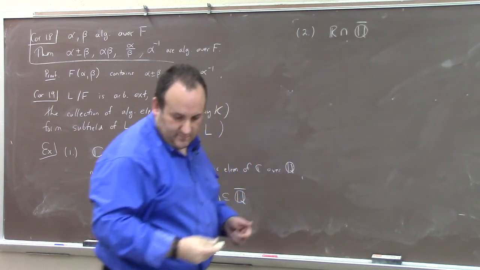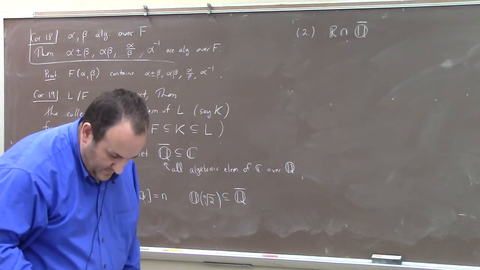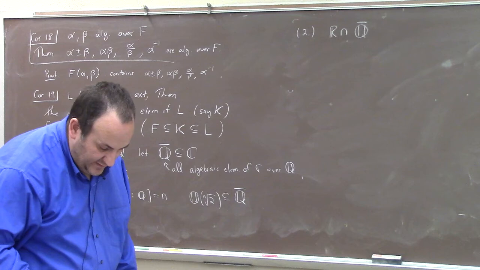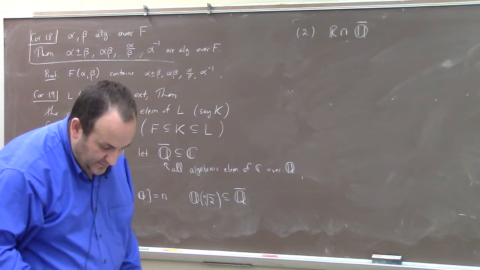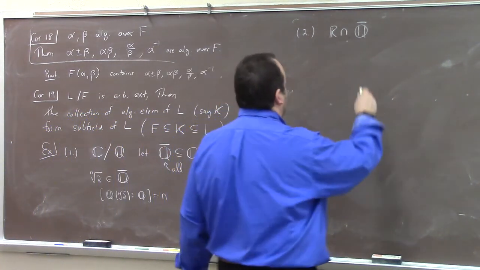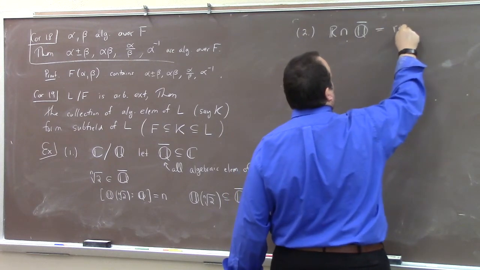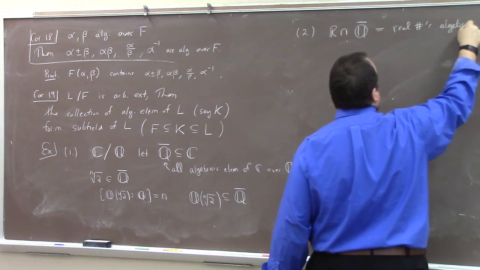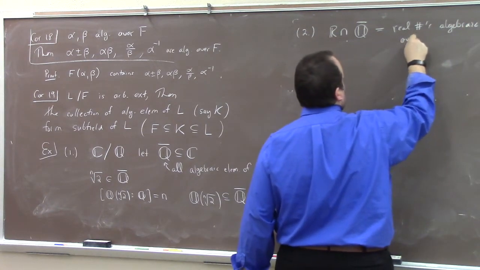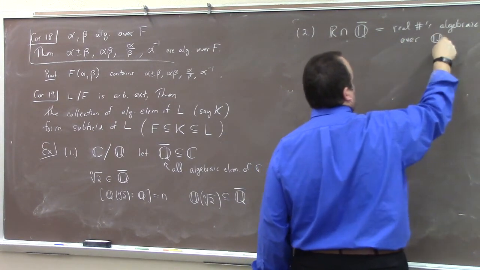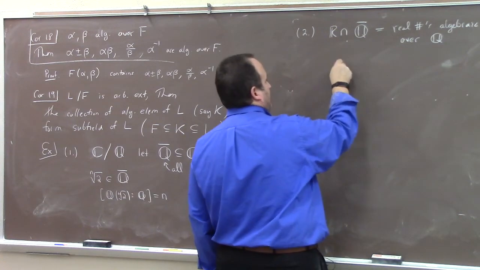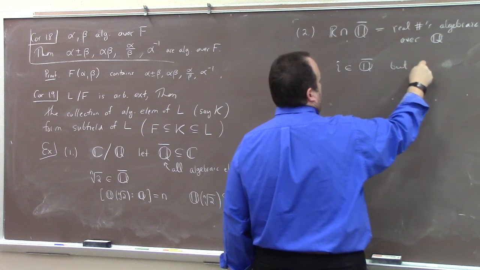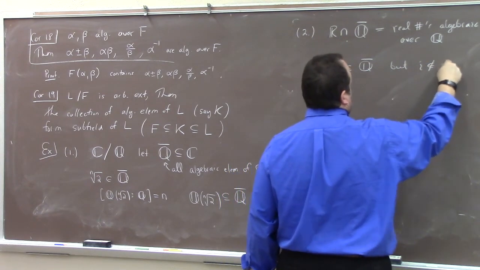What does that give us? That gives us the subfield of the reals consisting of real numbers algebraic over Q, right? So like, for example, i is an element of Q bar, but i is not an element of this, right?